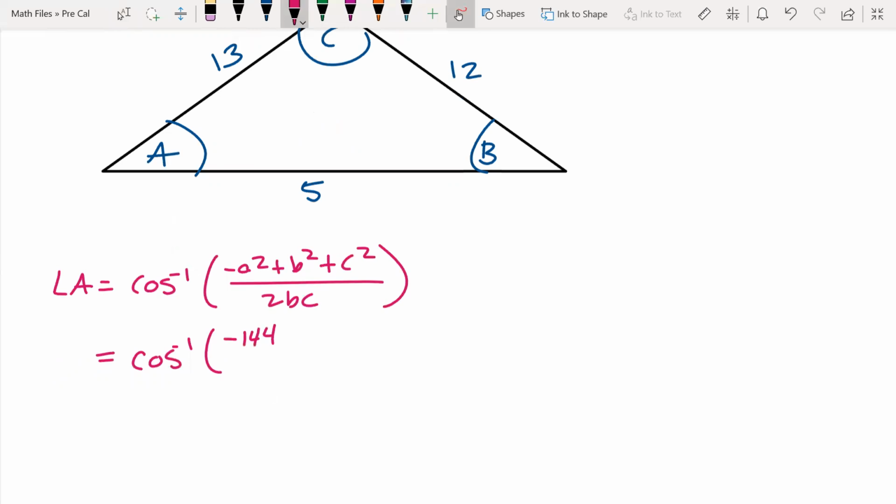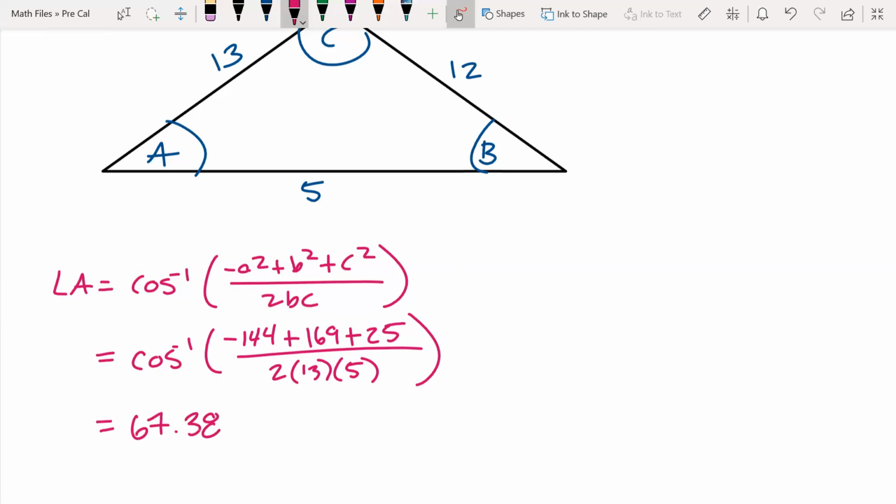Negative 144 plus 169 plus 25 over 2 times b times c. All right, let's see what we get. We get angle A is 67.38 degrees. All right, cool.